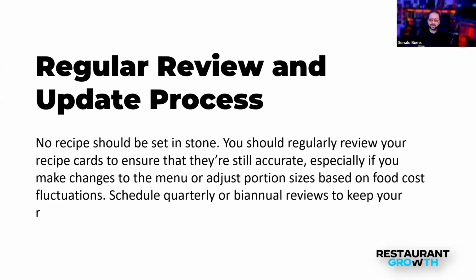Everyone probably knows right now that food cost goes up and down like a freaking roller coaster lately. I mean, chicken. Two weeks ago, chicken was decent. Now chicken's crazy. Avocados go through the roof and they're like $100 a case, or limes go through the roof. You've got to be able to adjust your portions and stuff like that.